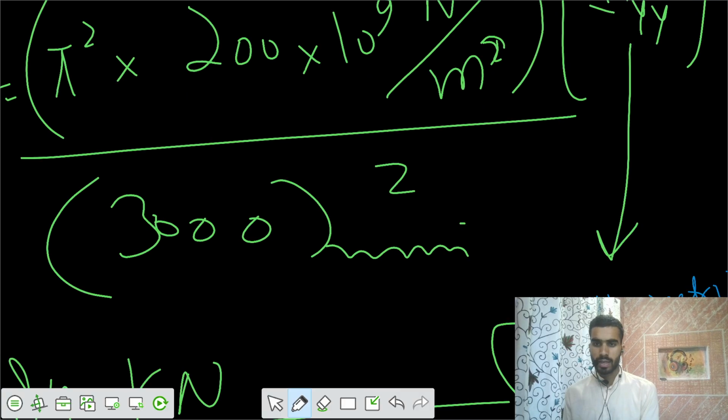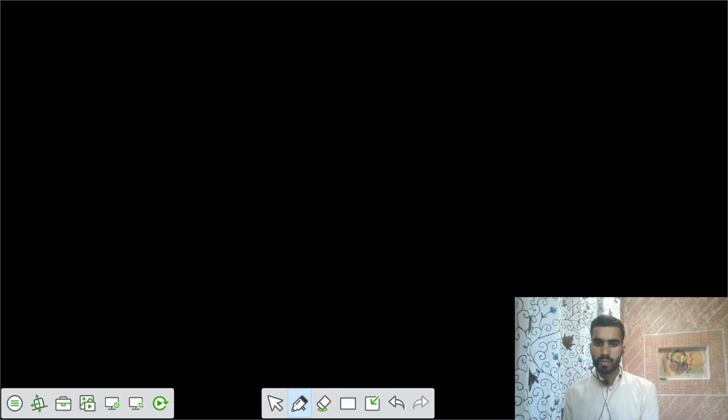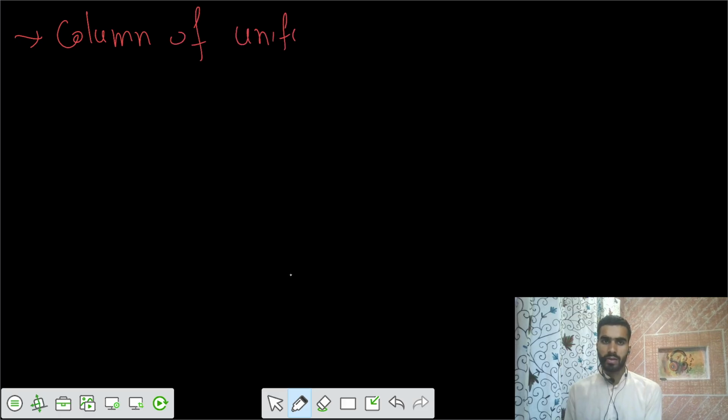Let's take the second problem. So we have a column of uniform strength. We have studied beams of uniform strength, and this one is a column of uniform strength.